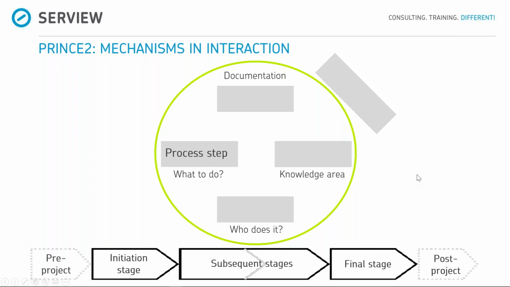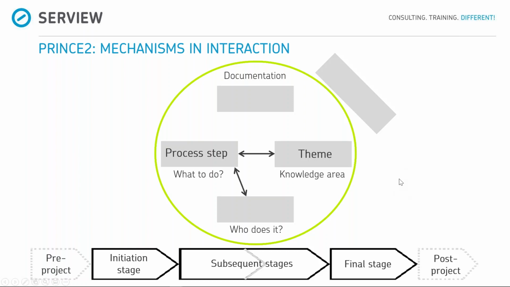Prince tells us what to do in the process steps. Now, obviously, you need a certain type of knowledge for that, so those would be the themes. And if we're talking about a process step, we usually have several people doing different things. One person coordinating, one person doing the thing, one person checking the thing. That is, I would say, the smallest example.